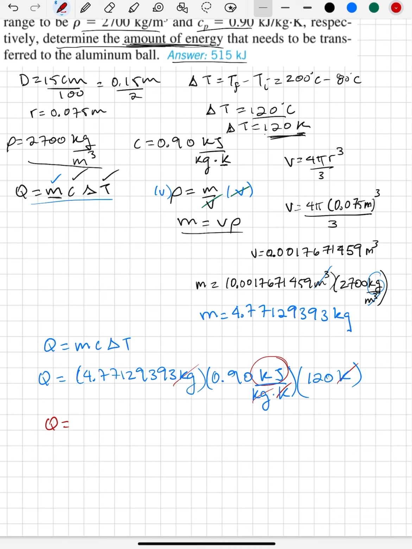Actually, if I wanted to write all the decimals, I end up with 515.2997 kilojoules. But since I just want the answer, I'm just going to put 515 kilojoules, and that is the answer to that.